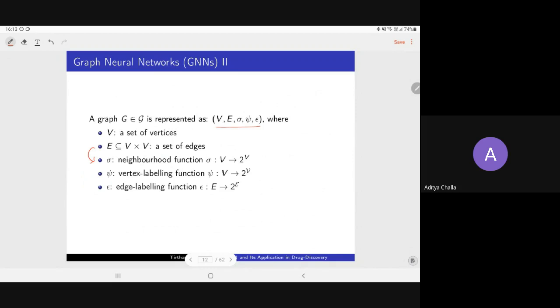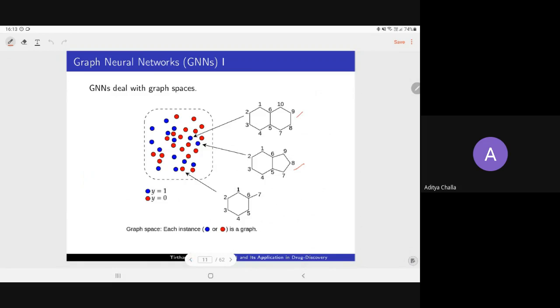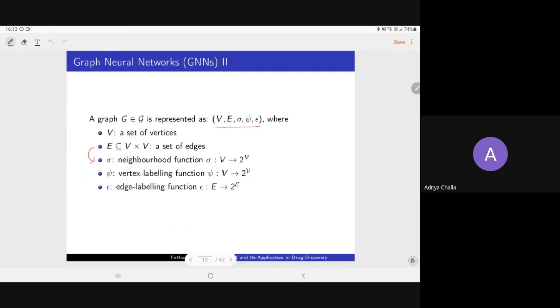And then we have a vertex labeling function, psi. That means the GNNs really deal with graphs which are labeled. When we say graphs which are labeled, it means that the nodes and the edges of the graphs are labeled. So we have two labeling functions, vertex labeling function psi and edge labeling function epsilon.